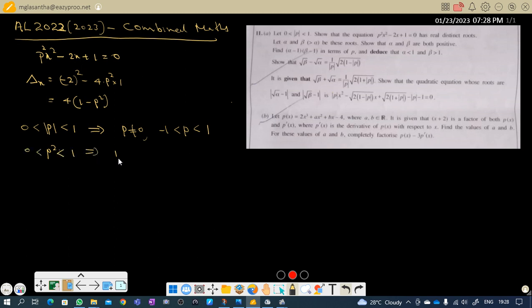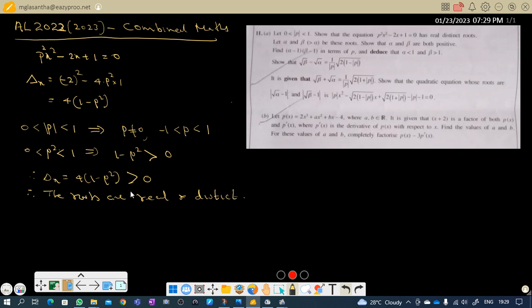So this implies 1 minus p squared is greater than 0, right? Therefore delta, 4 into 1 minus p squared, is greater than 0. Therefore the roots are real and distinct, right? So it has different roots. Distinct means different roots. Both roots are real and distinct.